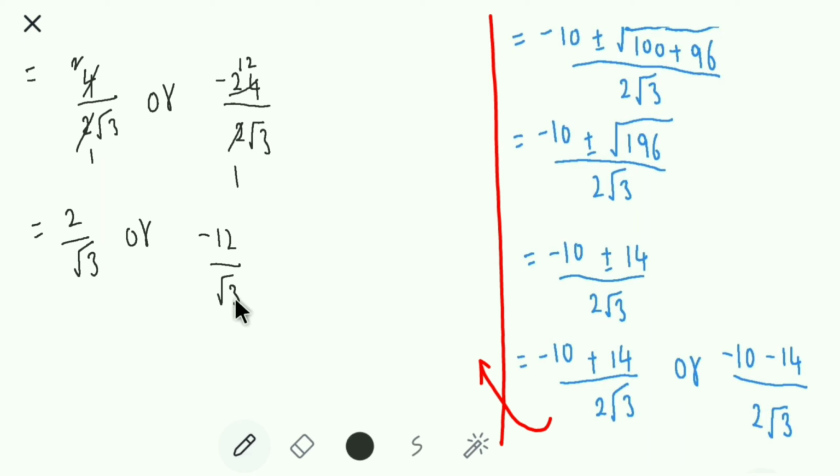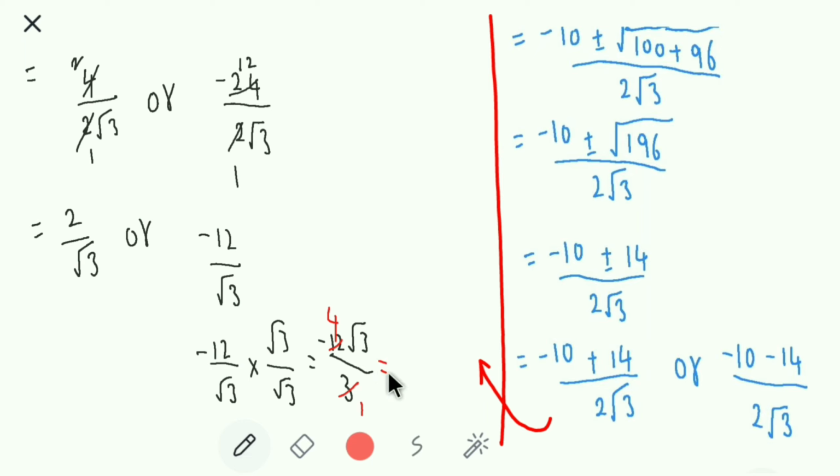So minus 12 by root 3 can be written as minus 12 by root 3 into root 3 by root 3. So here minus 12 root 3 divided by root 3 whole square, that is equal to 3. So here 3 ones are 3, 3 fours are 12.